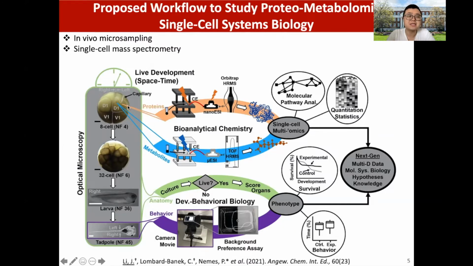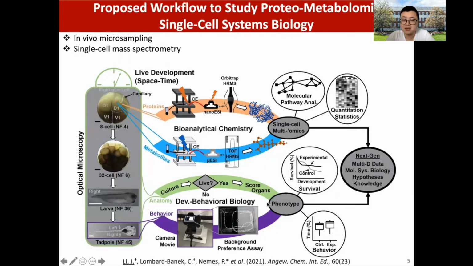For the microsampled embryos, we culture them and let them go through different development stages, such as the neurula stage and the tadpole stage. And then once they reach tadpole stage 45, we do the morphology analysis to score the organs. We also did the behavioral assay so that we can evaluate the visual function.